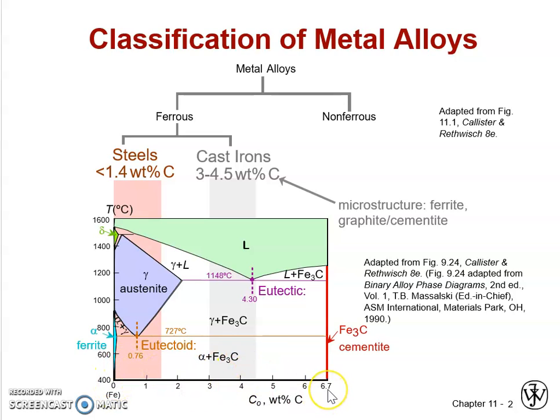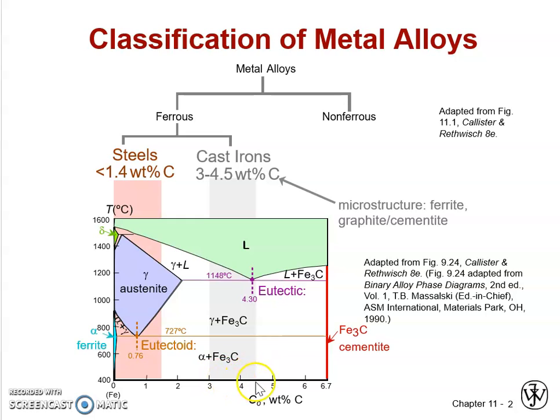If you go to the phase diagram, you can see that the x-axis is the composition of carbon. Less than 1.4, which is here, is steel. More than 3, from 3 to 4.5, here to here, is cast iron.